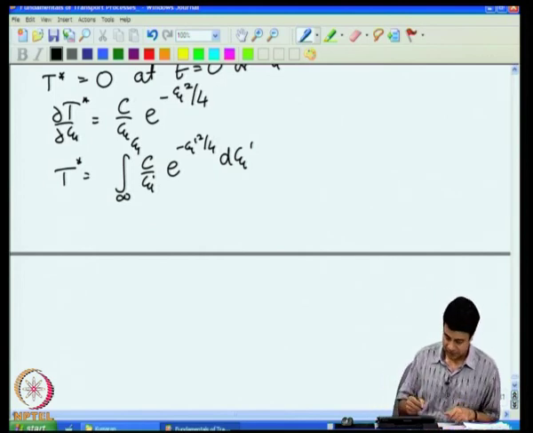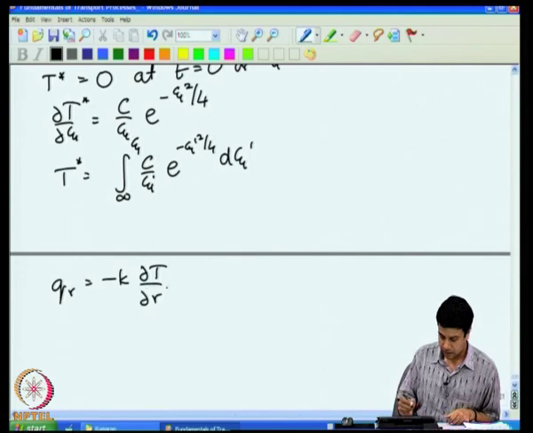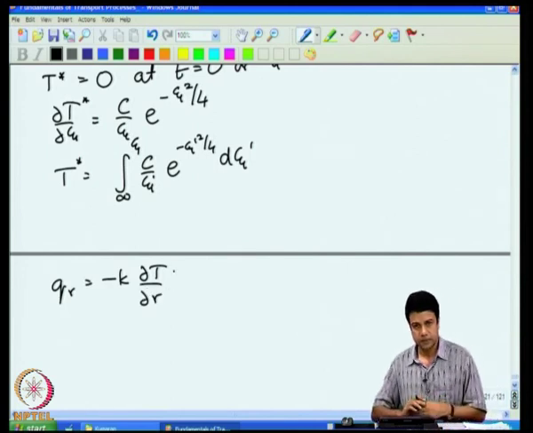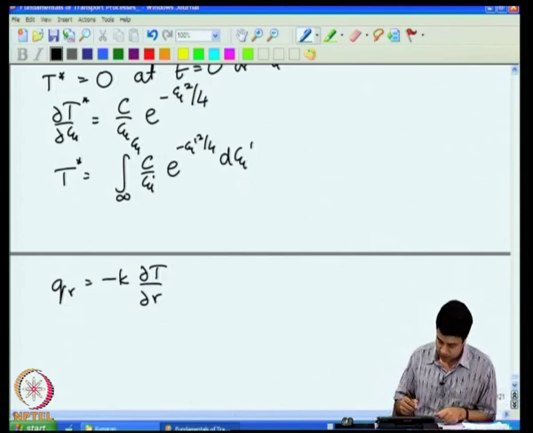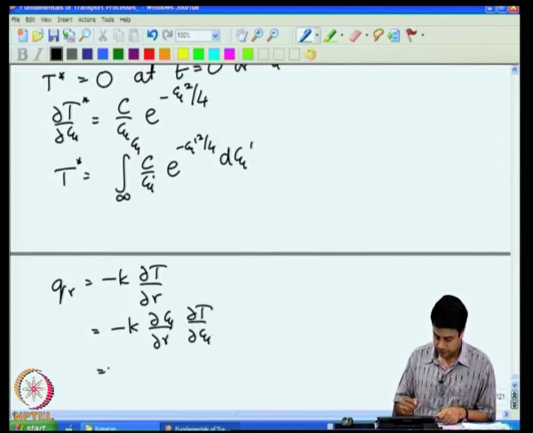The heat flux q_r is equal to minus k dT by dr, the heat flux at the surface. So, this is equal to minus k times d psi by dr times dT by d psi.